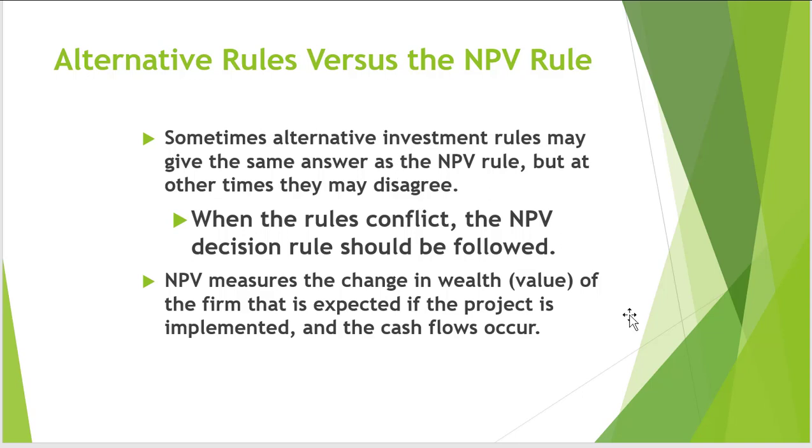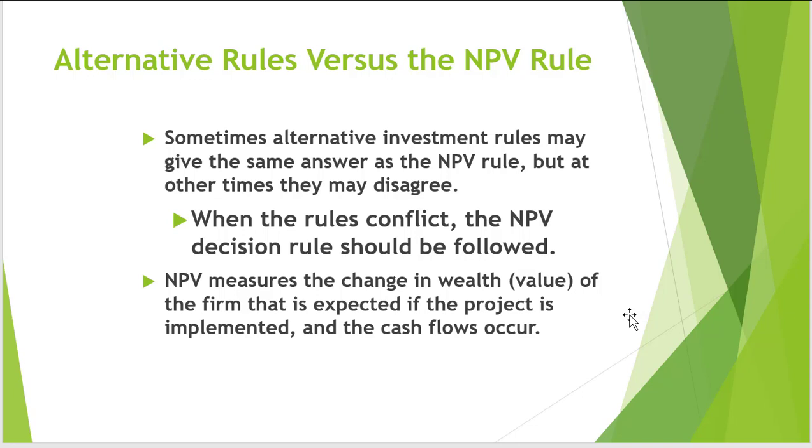So there are alternative rules, of course, to net present value, right? Sometimes they're going to agree with net present value, sometimes they won't. When the rules conflict, the general rule to follow then is net present value should be followed. So in other words, net present value always gives you the right answer. The issue is it's not the most user-friendly kind of an answer.